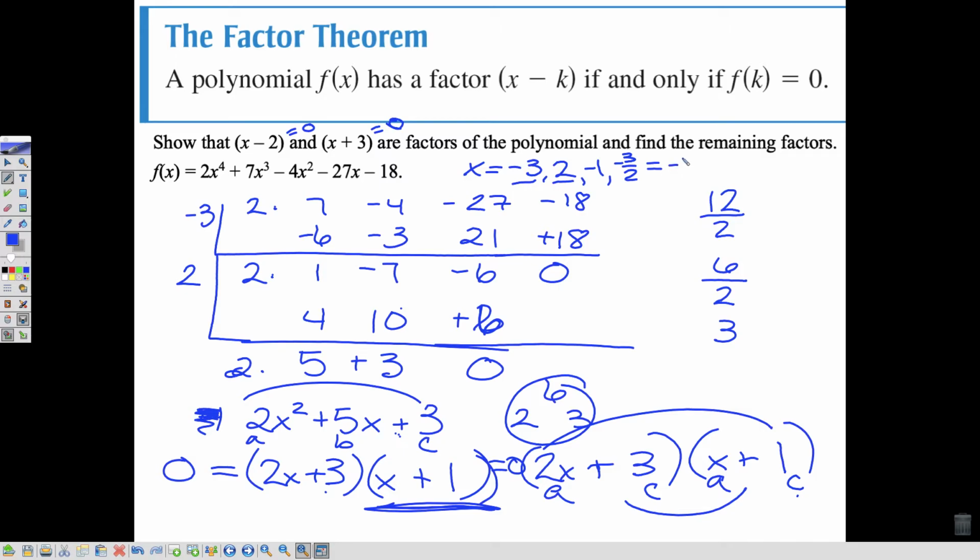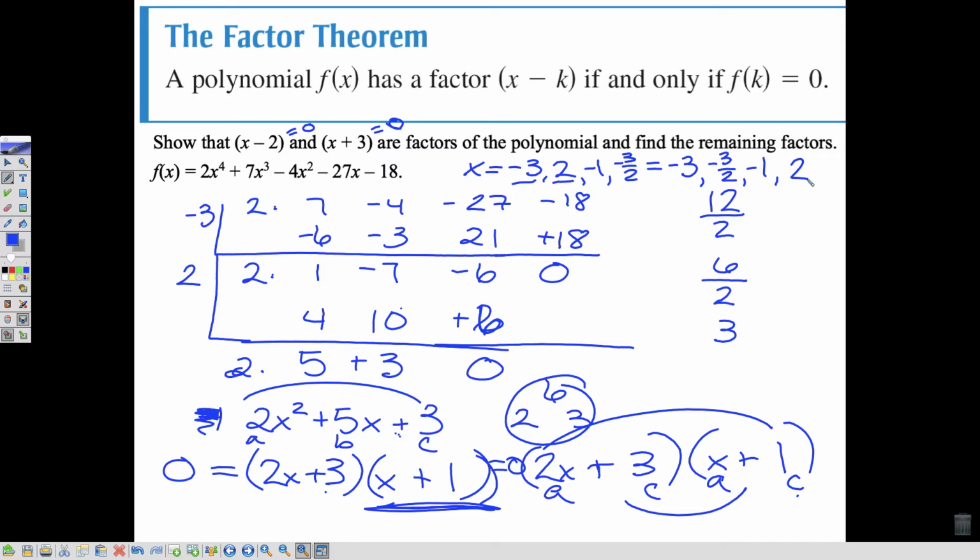Isn't -3 the smallest? Yep. And then what's next? -3/2, then -1, and then 2. Now I can just place them on my x-axis in order, and I have it all ready to connect.